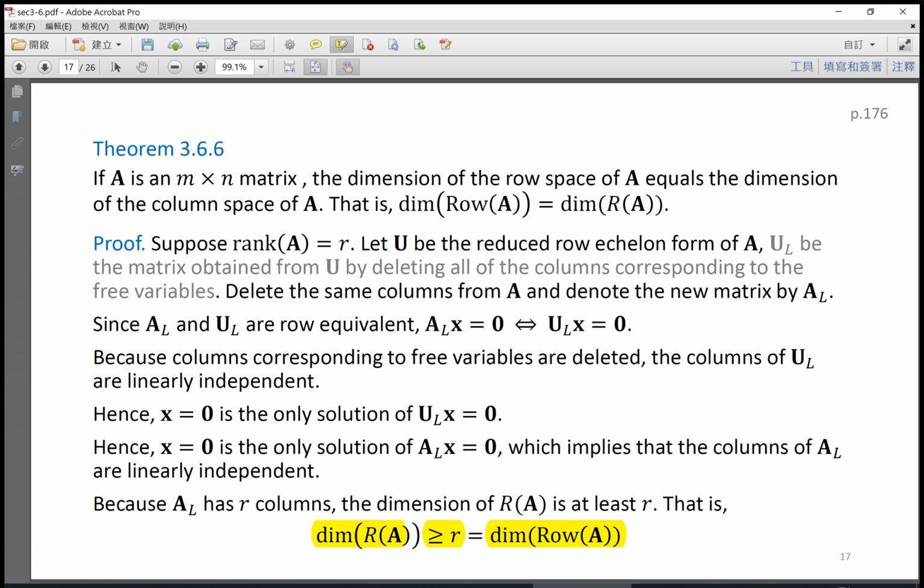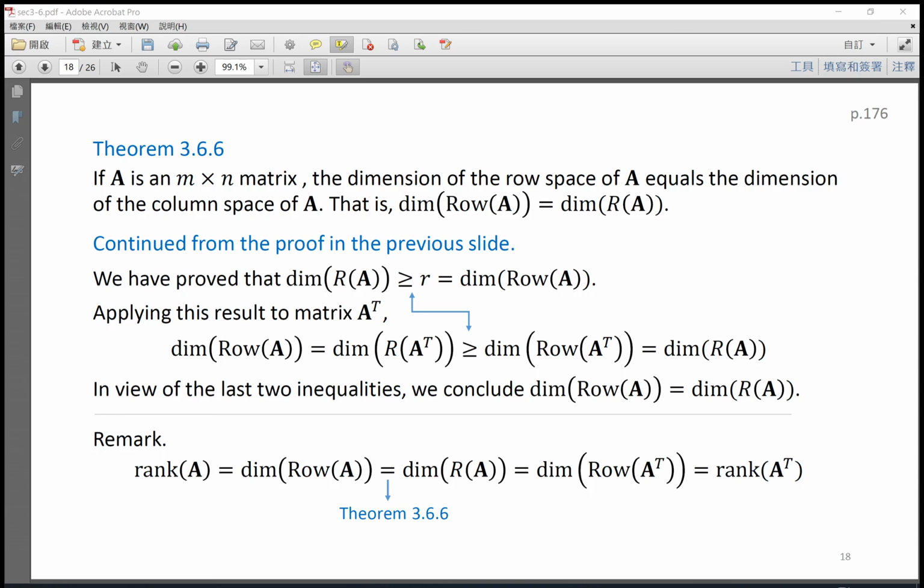So far, we have proved the dimension of the column space is greater than or equal to the dimension of the row space.